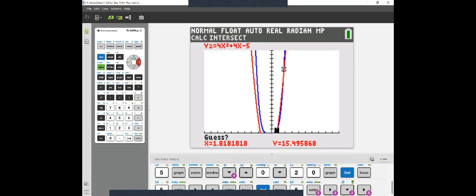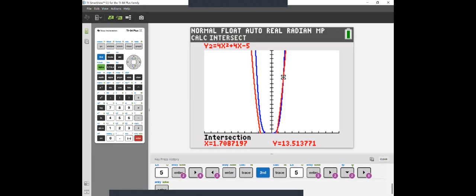And one of the things to be careful of is if you're too close to that first solution, that first point of intersection, it won't find the second one. So you need to make sure, this is one of the few times on the graphing calculator where you need to be kind of close to what you're looking for. And that one says 1.71 if I round for 3 significant digits.